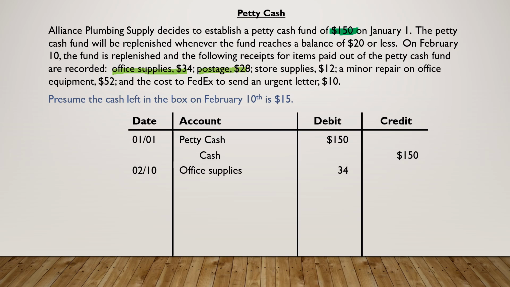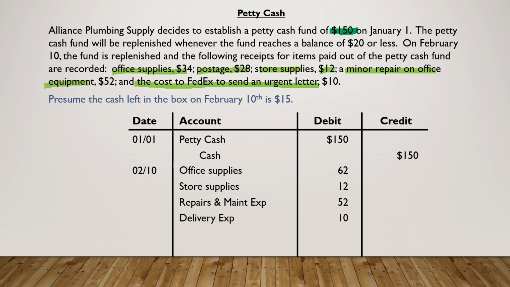The postage of $28 will likely be grouped with office supplies, so include that in the same amount. Store supplies gets a debit of $12. The repair to the office equipment would probably be booked as a repairs and maintenance expense. Finally, the $10 charge to FedEx the letter will likely be a delivery expense.